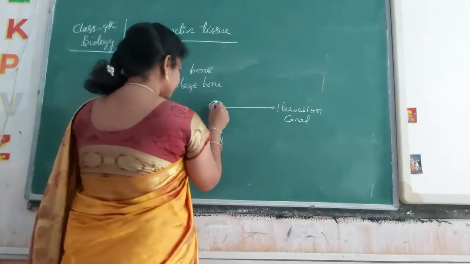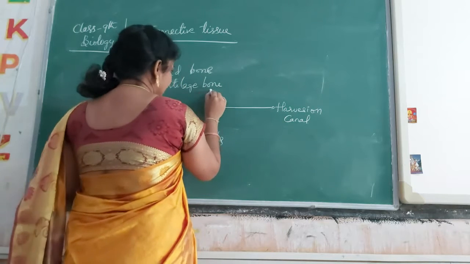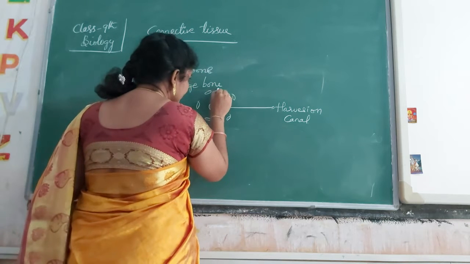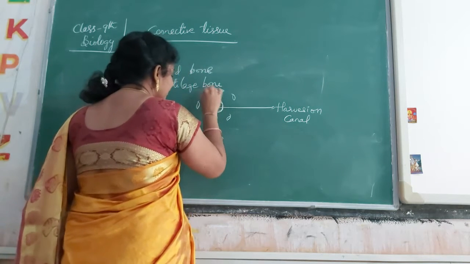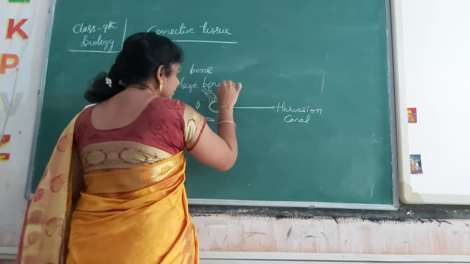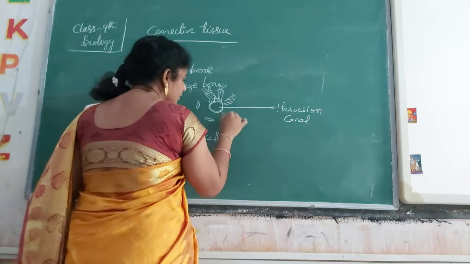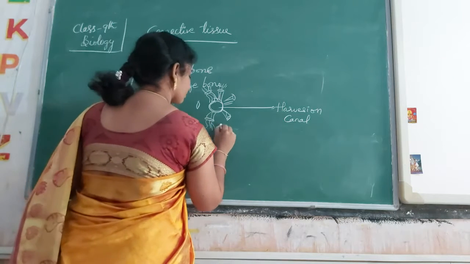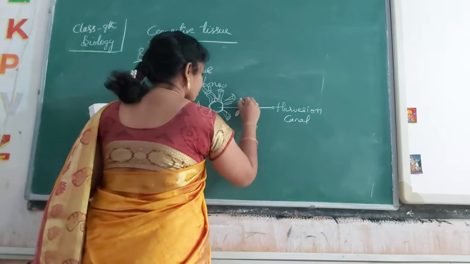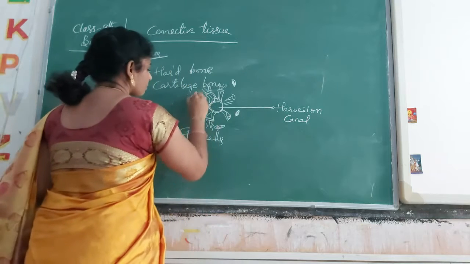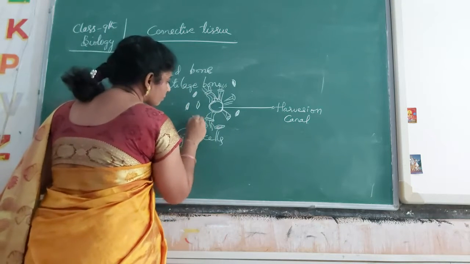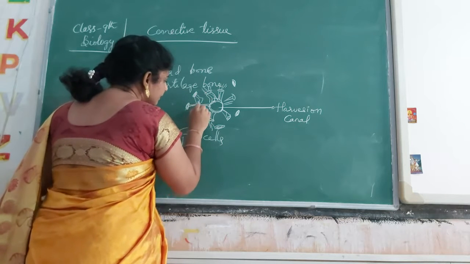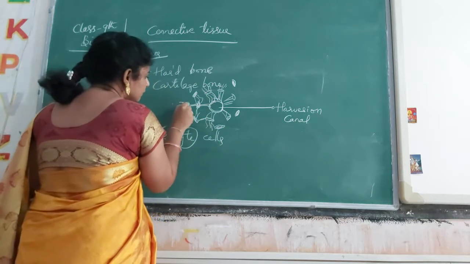See here, this is the Haversian canal, and here we have canaliculi. This way they are interconnected with each other.